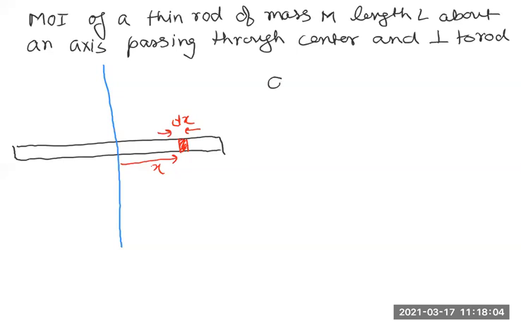What is the moment of inertia of this element? Well, the element is a point particle. And we know that the moment of inertia of a point particle is always m into distance square, distance from the axis square. So in this case, it will be dm into distance square. What is dm?